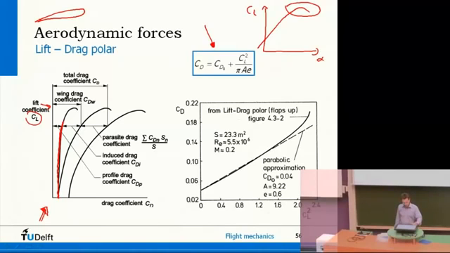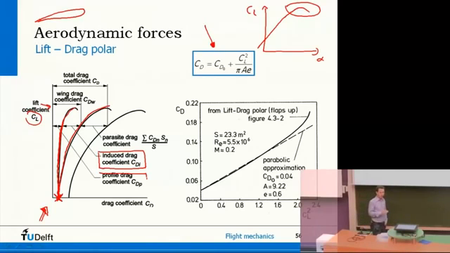But as soon as we start creating lift, then we'll have more drag than the two-dimensional case. And therefore we call this the induced drag coefficient. So we had profile drag and induced drag. That gives you a parabolic relation.